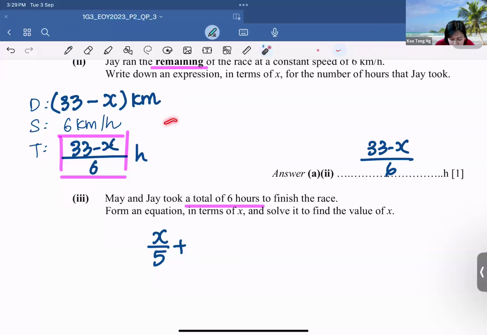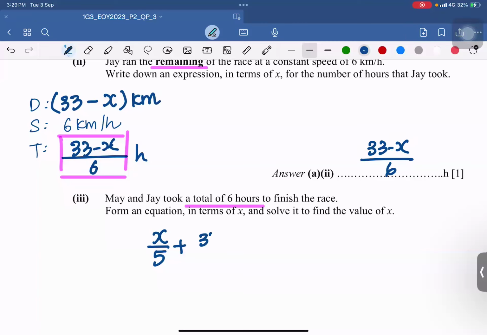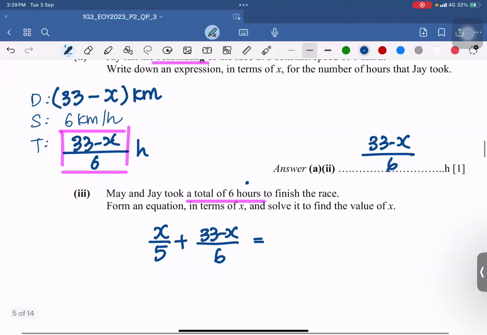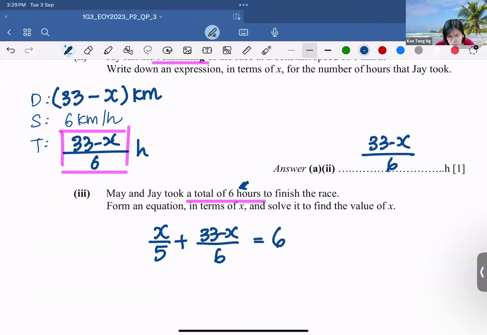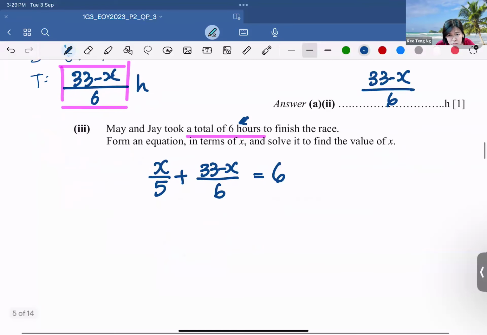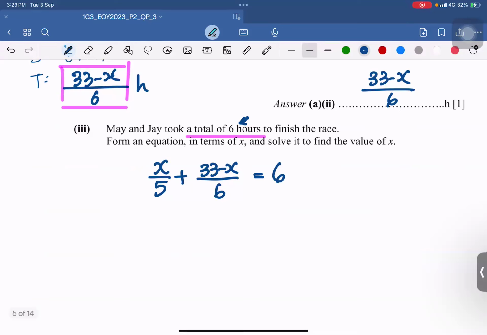What's our time in part B? 33 minus X over 6. This whole thing added together equals to how many hours? 6. Are you paying attention? No, you don't look like you're paying attention. I'm going to call you more often.